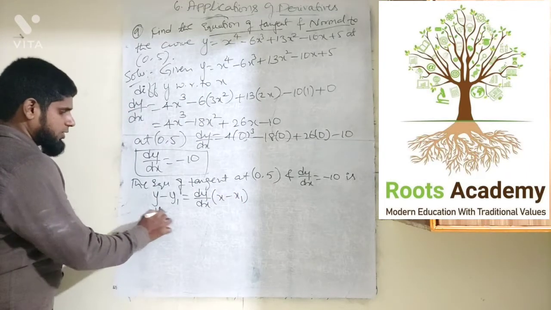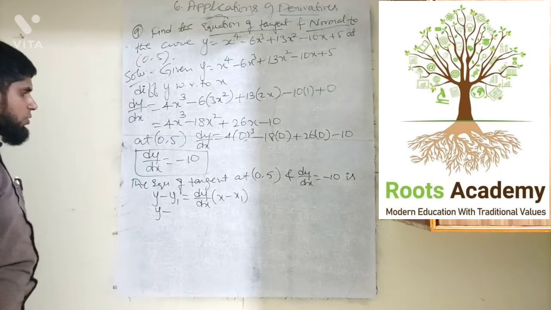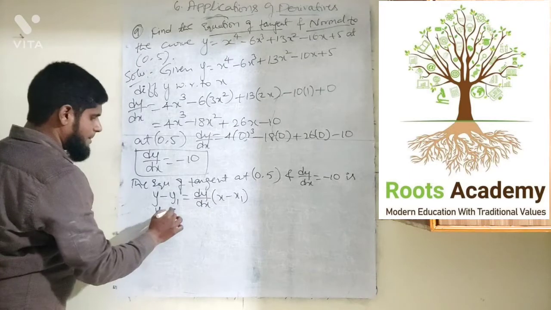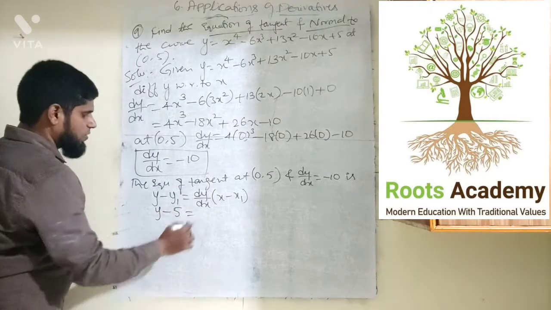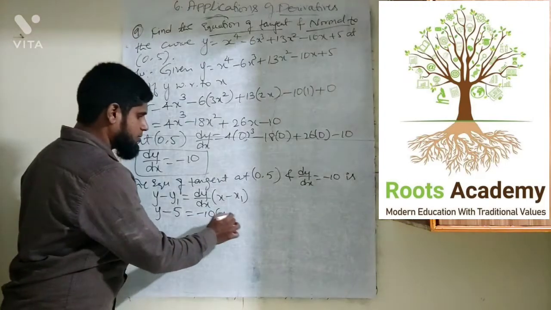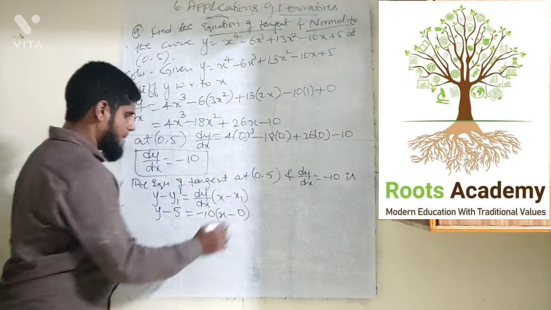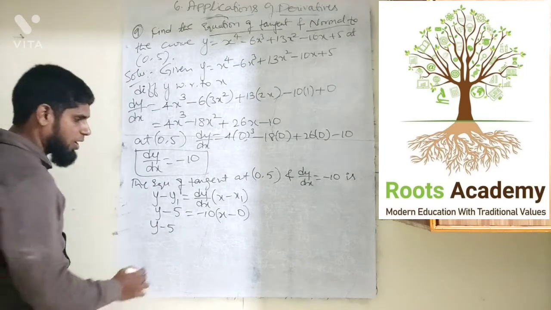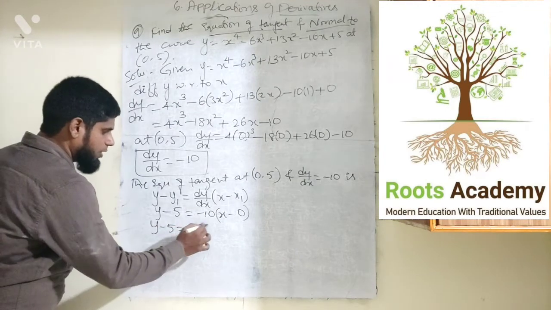So y as it is, minus y1 is 5, is equal to minus 10, x as it is, minus x1 is 0. So finally it is y minus 5 is equal to minus 10x.